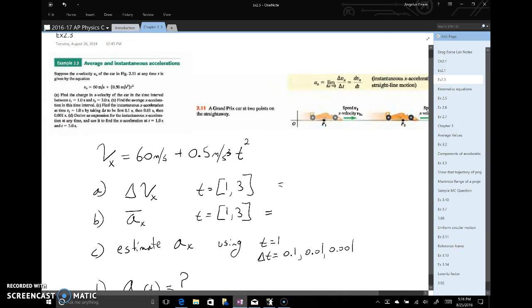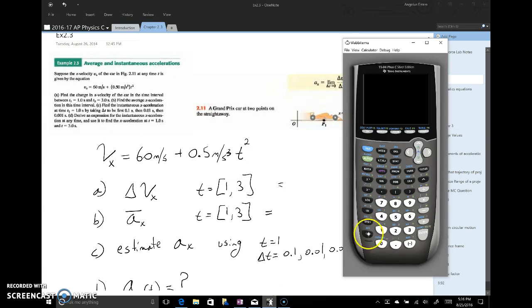Okay, so let's take a look at this. So here's our function. So we're going to enter that function into the calculator. 60 plus 0.5 t squared. And then we'll go back to the home screen. And we need to evaluate it on the interval 1 to 3.